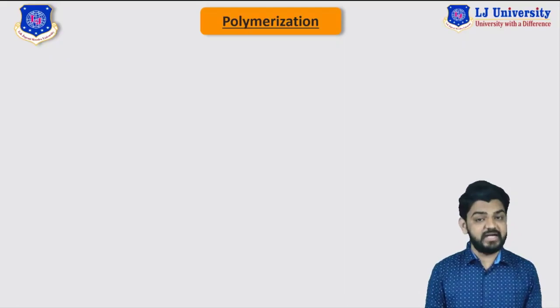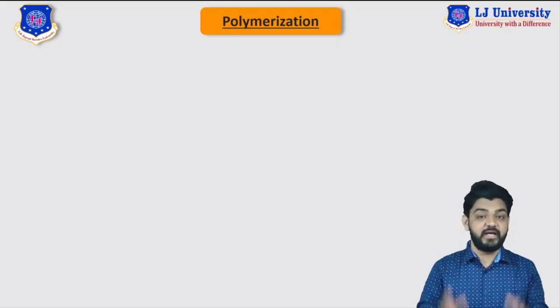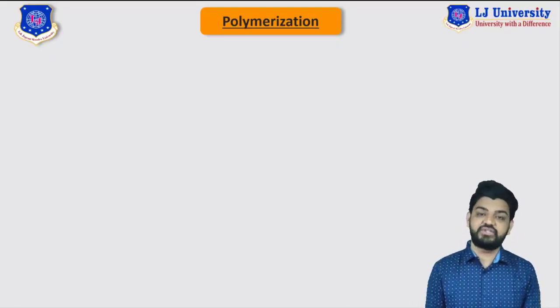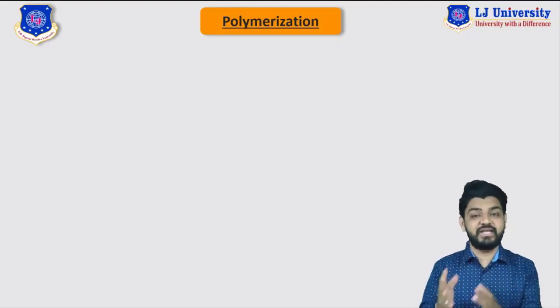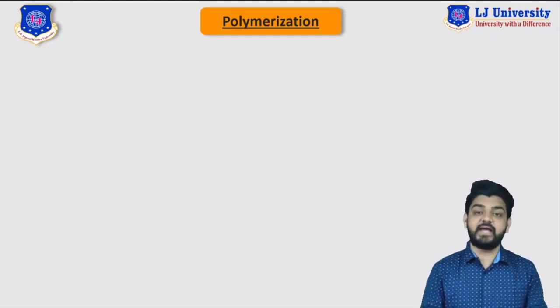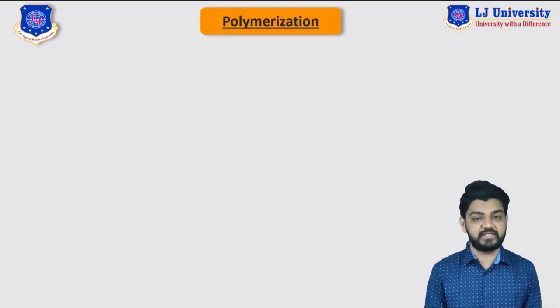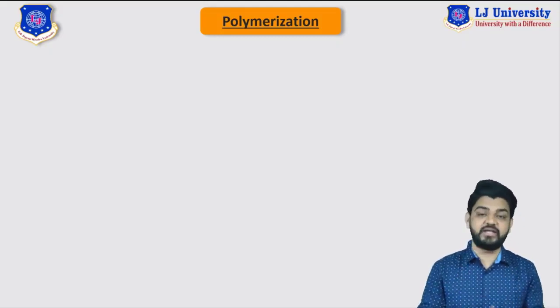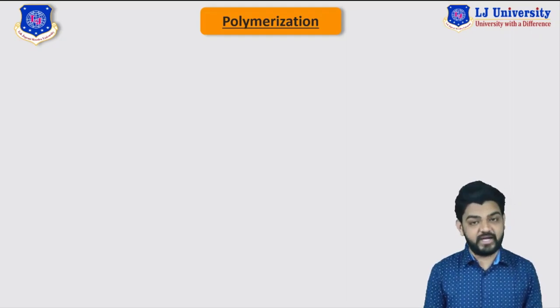We said in the very first video that this type of polymerization has three categories. The first one is free radical polymerization, in which we produce free radicals. The second is ionic polymerization, in which we carry out the polymerization with the help of ions, either positive ions or negative ions.